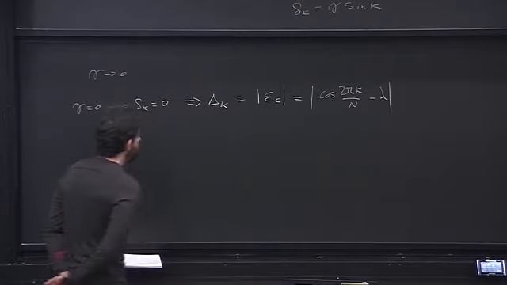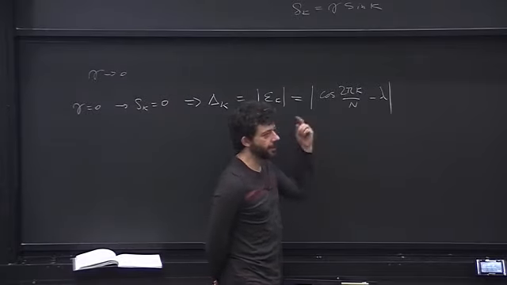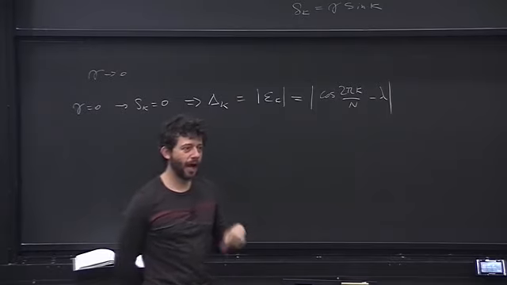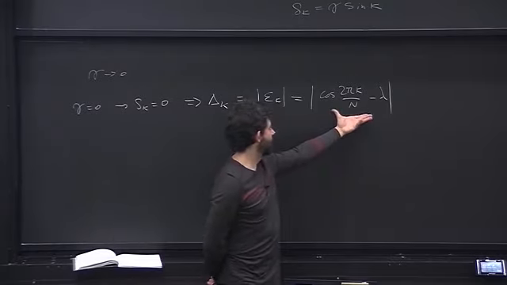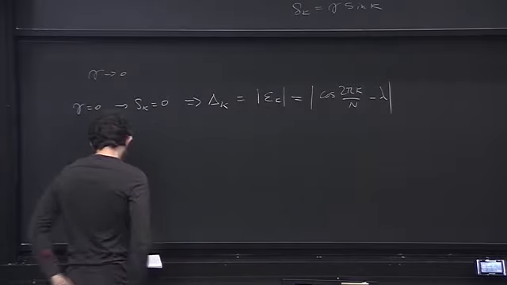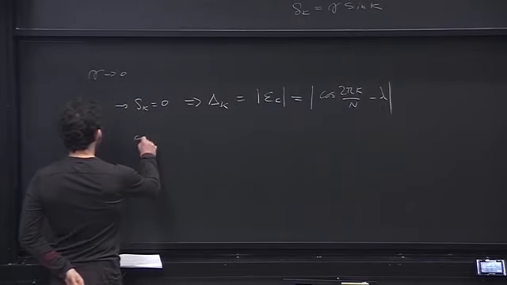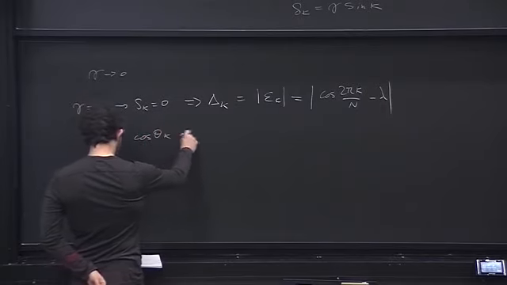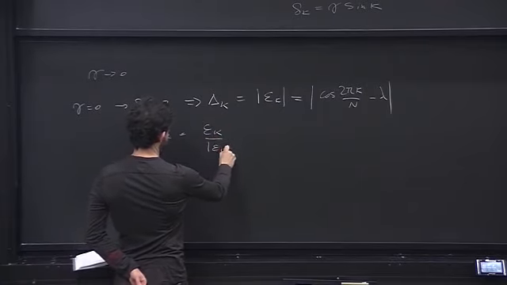So if I do my loop without a critical point inside, this means that this is not 0, and therefore cosine of theta k, which is epsilon k over delta k, is this.